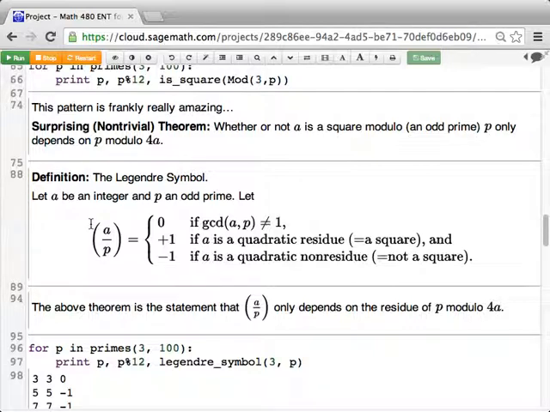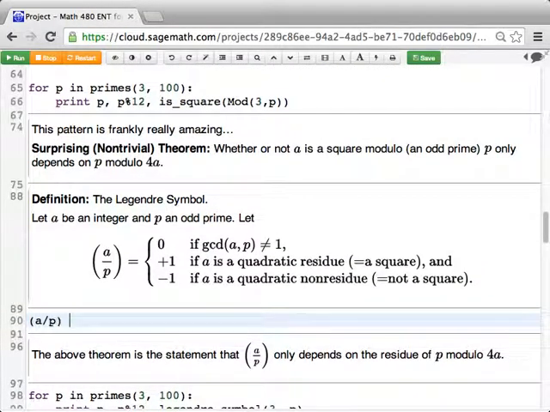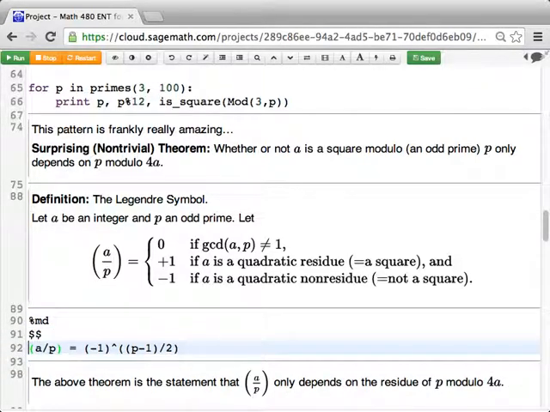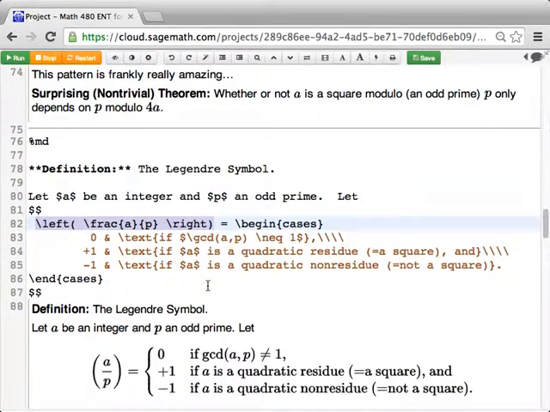This, on the right-hand side, is just a to the power of P minus 1 over 2 mod P. Let me write that right here, because that's kind of shocking and surprising. What do you think of that? I want to typeset it with math so that it's clearer.